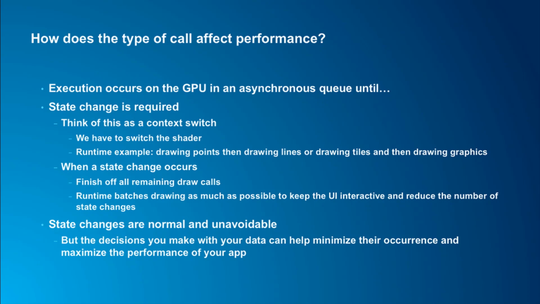It stops, it executes all the leftover draw calls, switches its context to the other shader, and then continues on. And state changes, you can't really escape a state change, but when they happen in the runtime, it's because we're drawing points and then we switch over to lines or something like that, or we're using tiles and then we use graphics. And you can't control that, but if you can minimize it, that's beneficial.